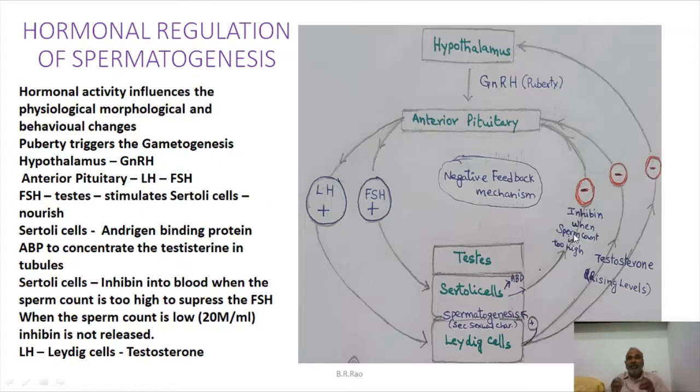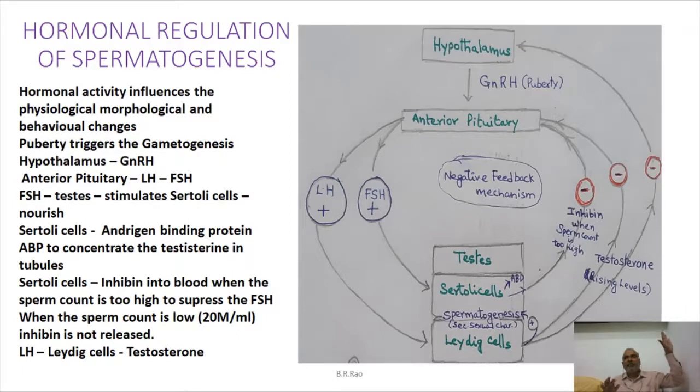It will inhibit the FSH activity whenever there is more sperm count in the body. When there is more sperm count and no need of further spermatogenesis, the Sertoli cells immediately recognize the sperm count, and immediately it will stop FSH function.